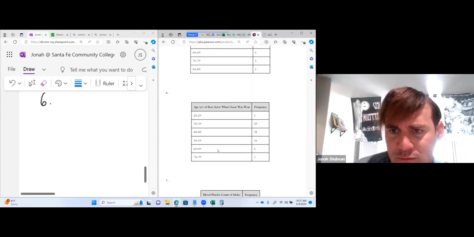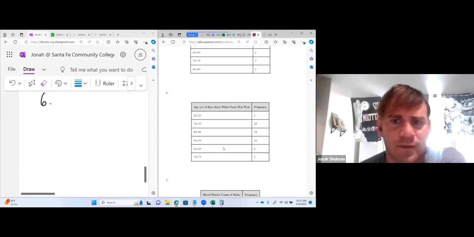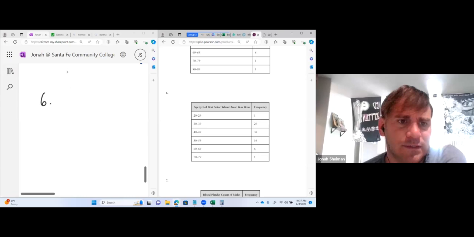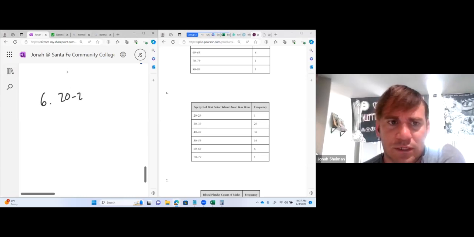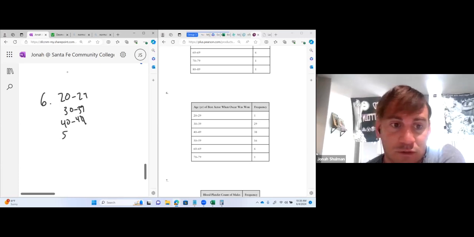Here's number 6. We have this data. 20 through 29, 30 through 39, 40 through 49. I might just use Excel, so I don't have to do any of the math by hand. 60 through 69 and 70 through 79.